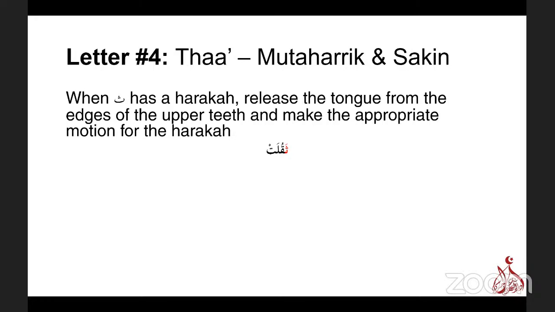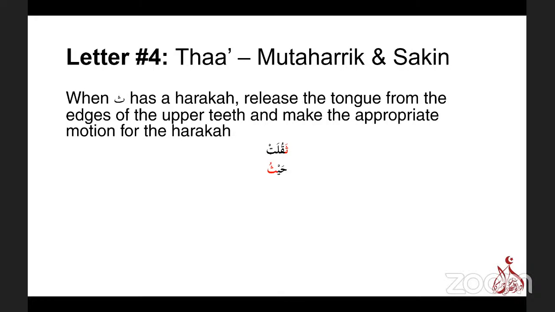So for example, if it had a fatha, you put your tongue underneath the upper teeth, and then you make the motion for a fatha, which is when you separate the jaws. Tha, tha. So it'll be thaqulat, thaqulat. If it's a dhamma, you do the same thing.